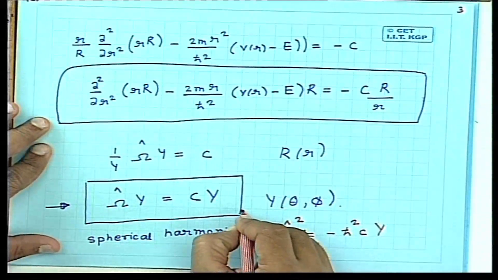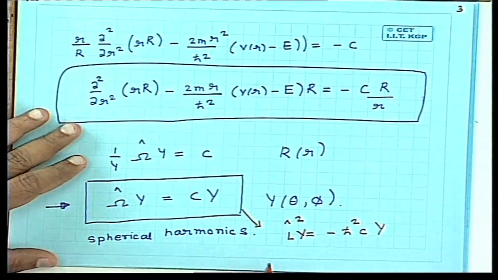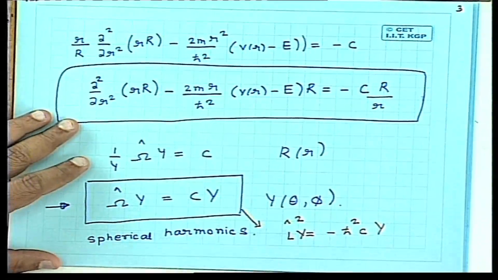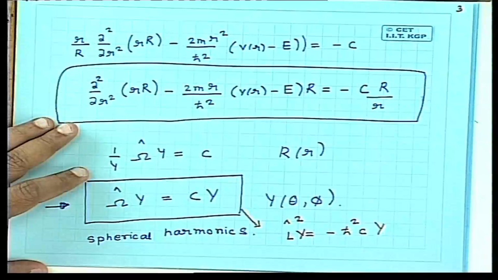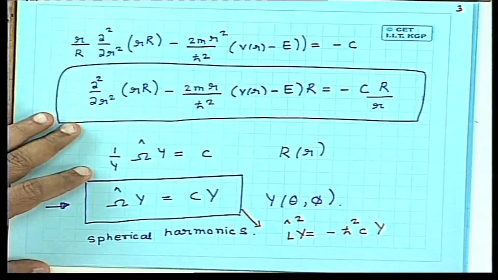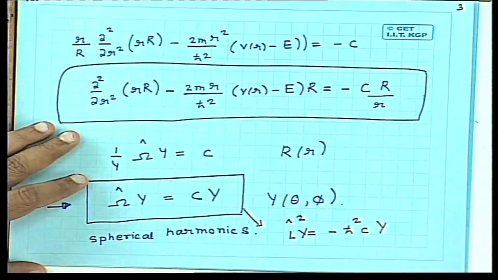So the angular part of the Schrodinger equation is the same as this equation over here, which basically tells us that these functions y are also eigenfunctions of the square of the angular momentum operator.